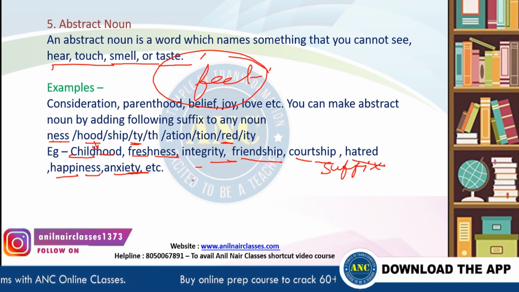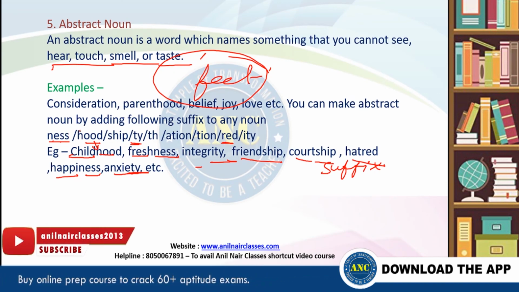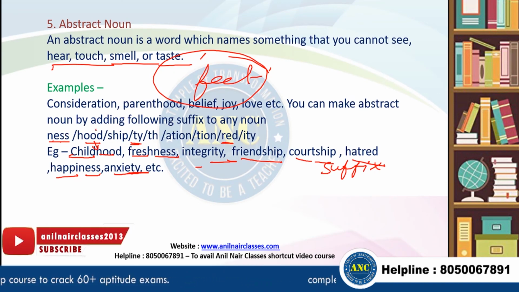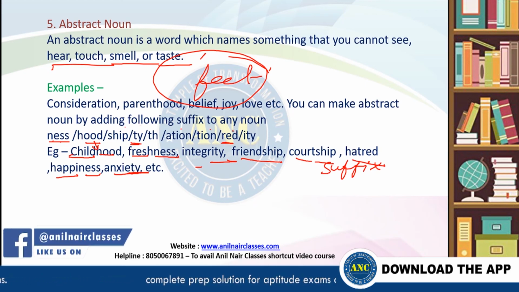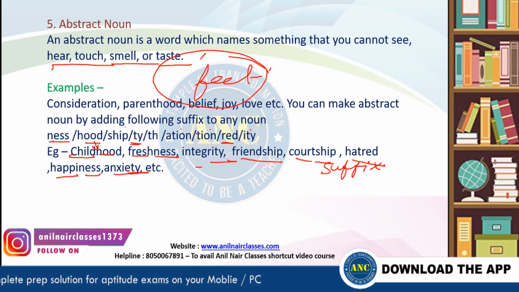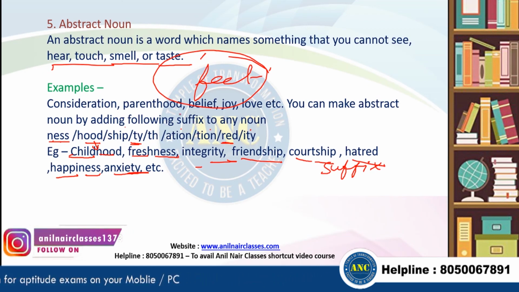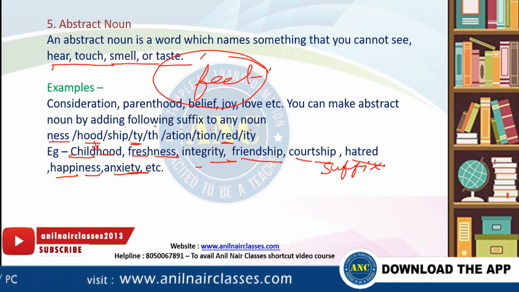So all these are your abstract nouns. If you just remember the common endings of abstract nouns like NESS, hood, ship, TY, TH, tion, red and ITY, they all will be functioning as abstract nouns. Things to remember: we don't put an article before them and they are only present in the singular form.